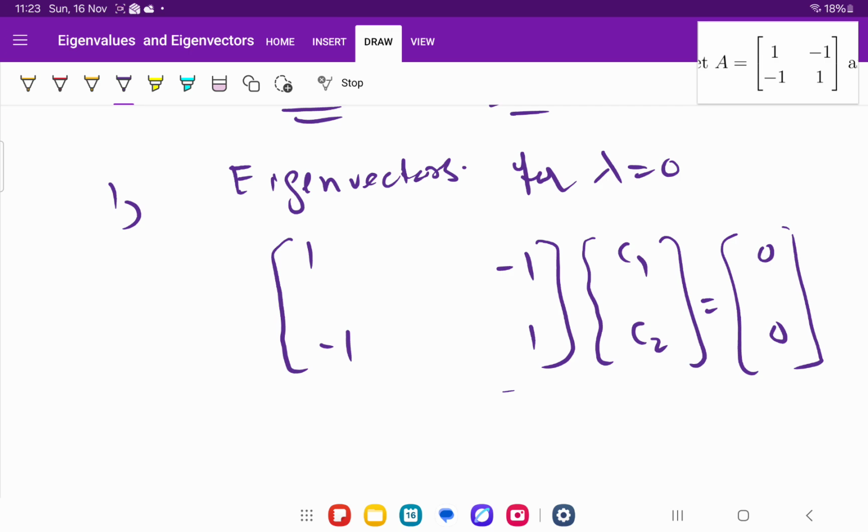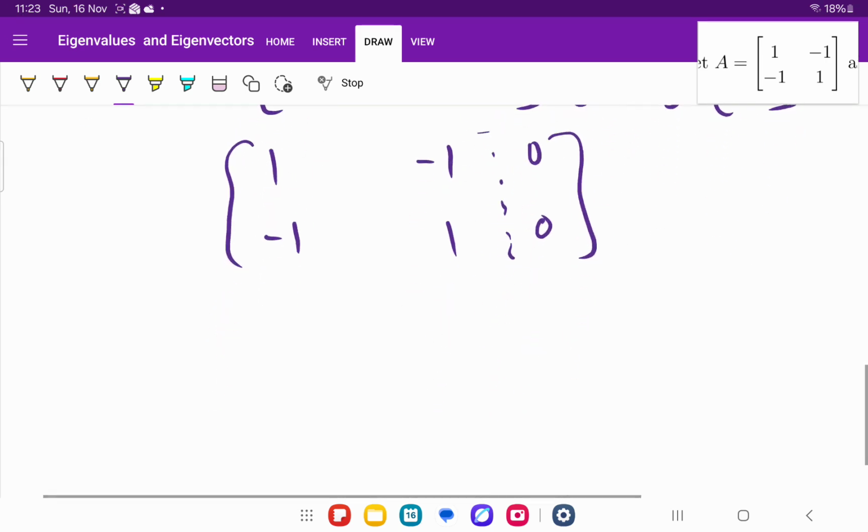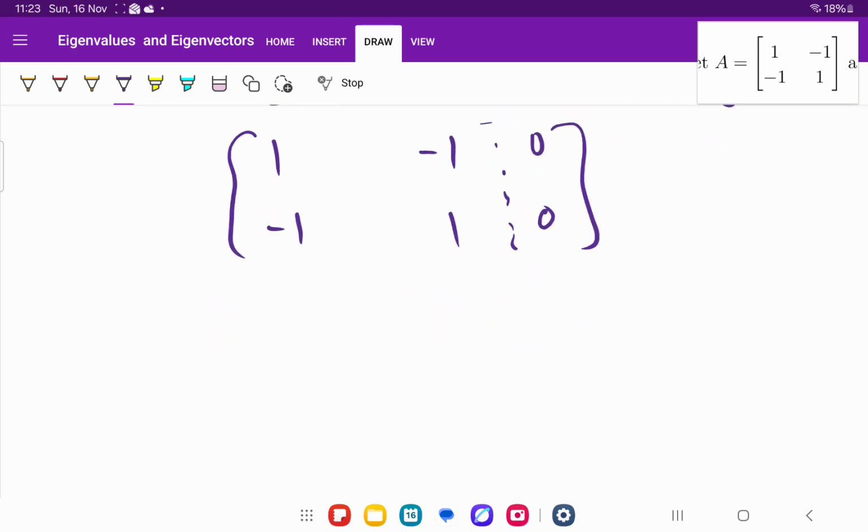From this we write the augmented matrix: 1, minus 1, minus 1, 1, 0, 0. Basically it's a system of linear equations, which we saw in chapter number 1. Now we will solve this matrix by row operations.